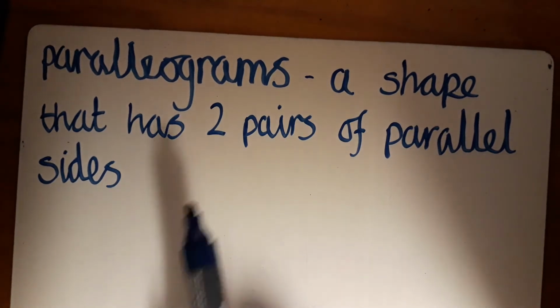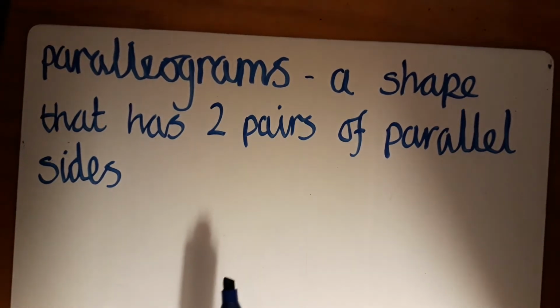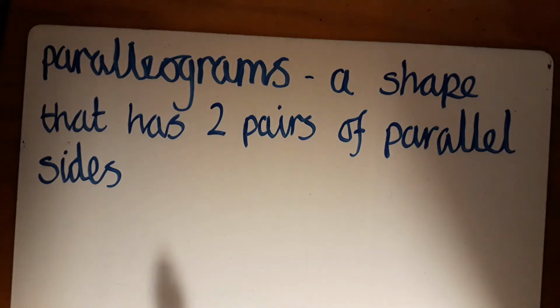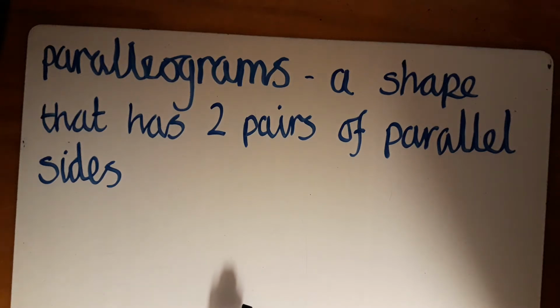Now, the hard thing about this is that some of the shapes you already know are parallelograms. So I'm going to draw different types of parallelograms, and then I'm going to go through and show you where the parallel sides are.